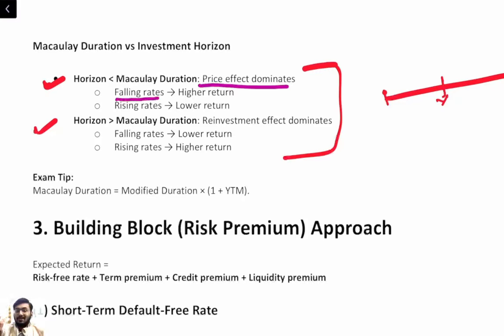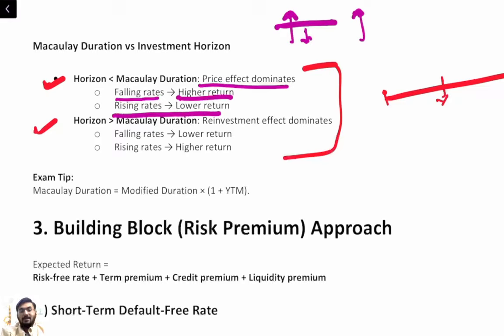That means you will gain in the bond. Hence the reinvestment portion is looking very small. So rise in price is that much. Fall in the reinvestment is this much. Still you are at gain. Clear? Higher returns. And if the rates start rising, then what will happen?